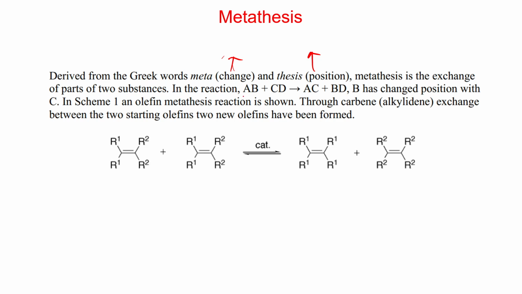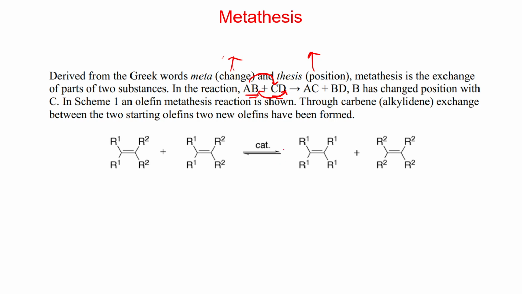So if you have connectivity AB and CD, for metathesis you are going to see AC and BD. This kind of exchanging of strings we have. Other possibilities are obviously AD and BC, that can also be studied.